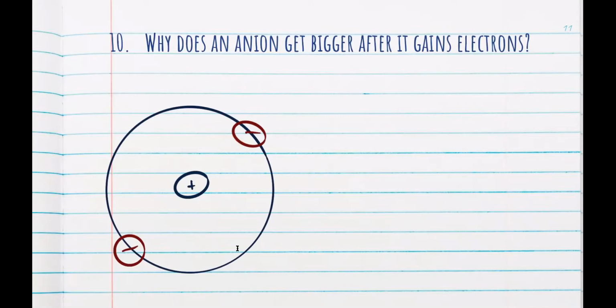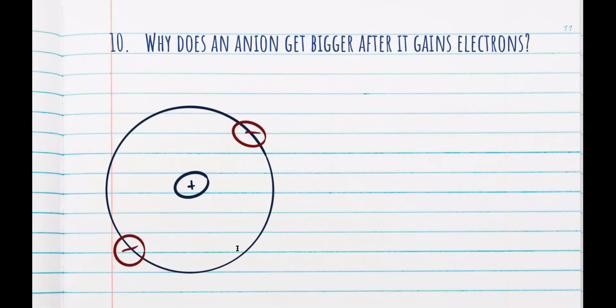They're going to repel each other. But because there's this positive charge in the center pulling both of them, they're still going to stay close. So they're going to be as far away as possible, but still close to each other.